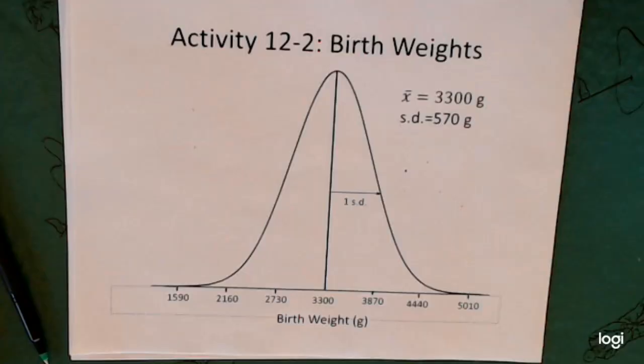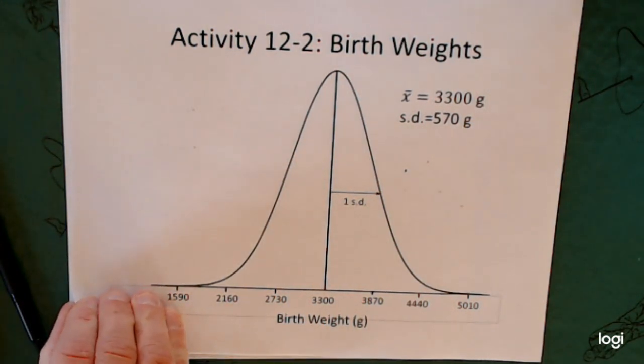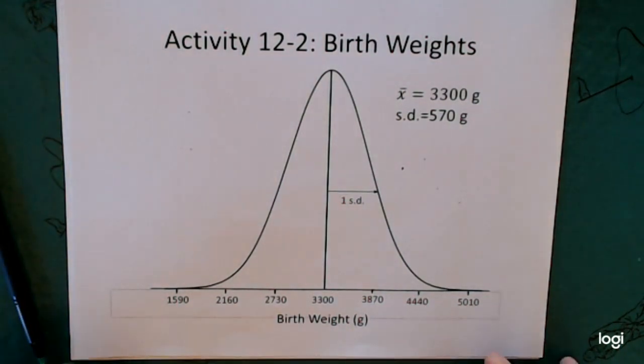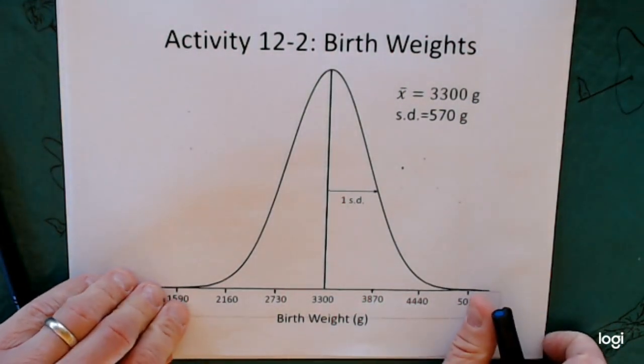So let's go after that first question. Switching cameras, I've got a nice clean picture of my distribution, and we want to talk about the proportion of babies that the normal distribution predicts as weighing greater than 10 pounds, or 4,536 grams.